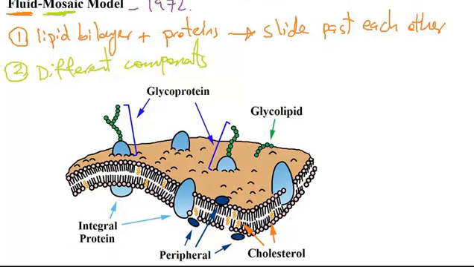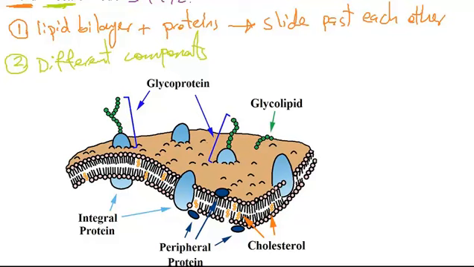And here I have provided you with an image that shows all the components of the plasma membrane. So you can see that we have a lipid bilayer. The polar head is exposed to the internal and external environment, which usually has high water content, while the non-polar tails, which are hydrophobic, are facing each other to avoid any water.